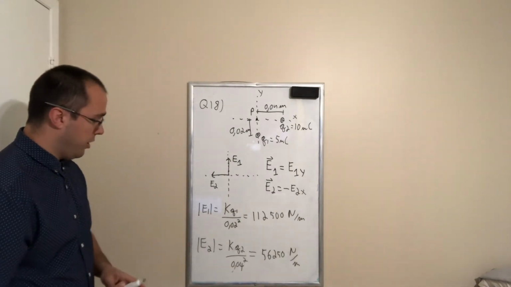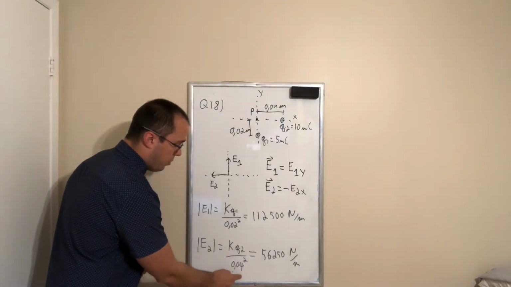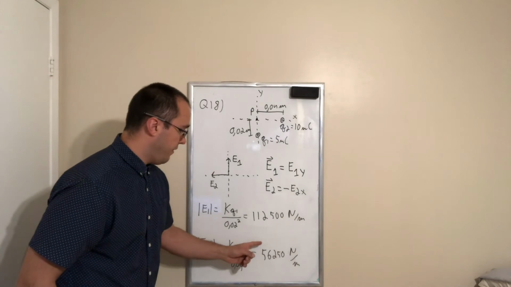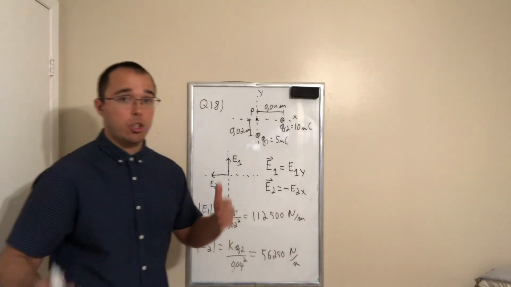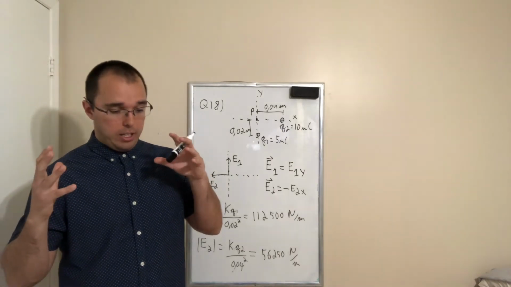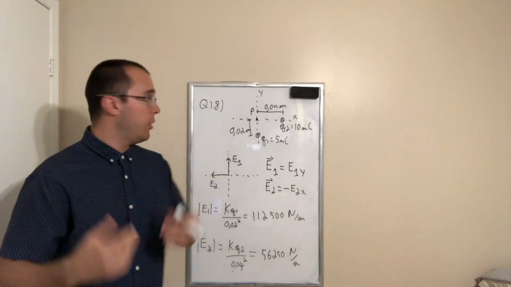For the second electric field, we use the same logic. The distance is instead 0.04 meter squared. The magnitude is 56,250 Newton per coulomb. All right. Now at this point, we have our individual parts. We simply need to add them together and recreate our final vector.